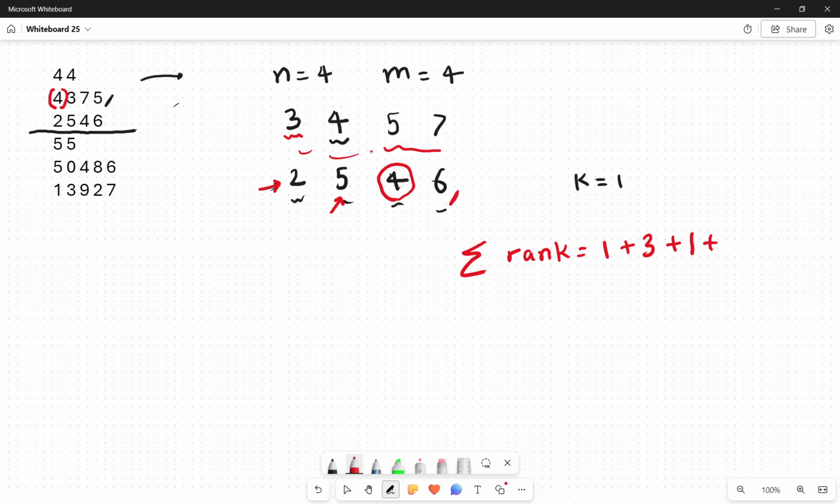Kevin and the guy having a rating of 5 won't be able to solve that question, so the rank will be 2, and this guy will get rank 1. So finally, when k is equal to 1, the sum of ranks is 3 plus 2 plus 2, which is 7. Is it correct?